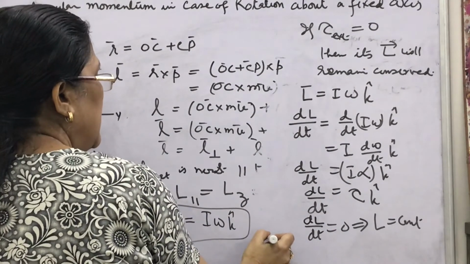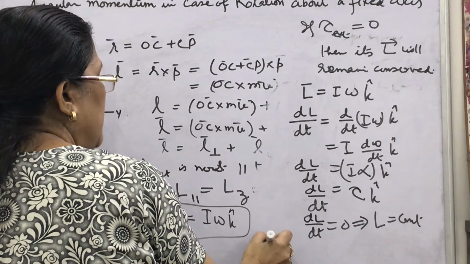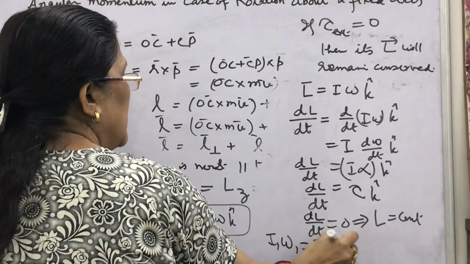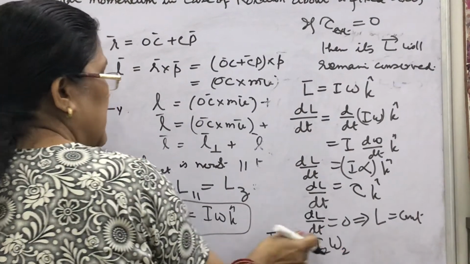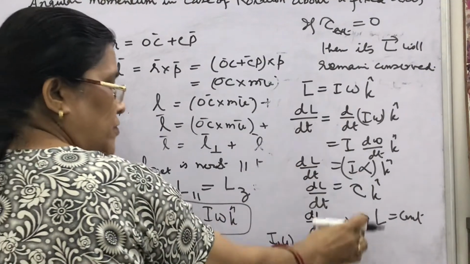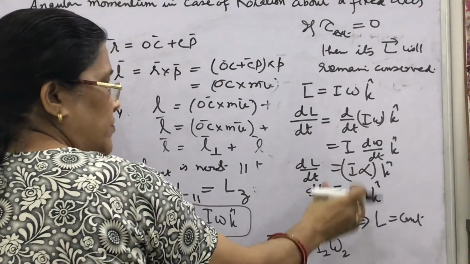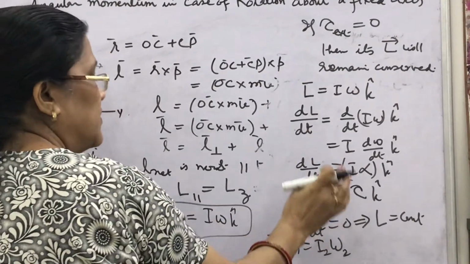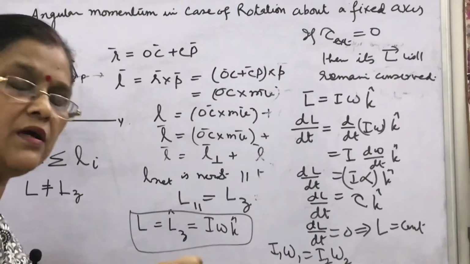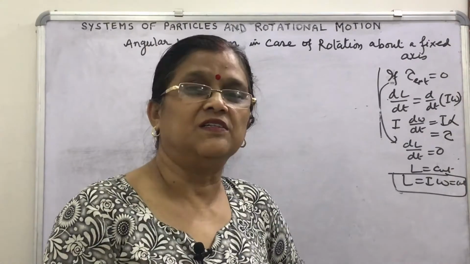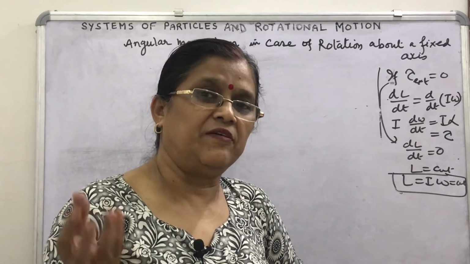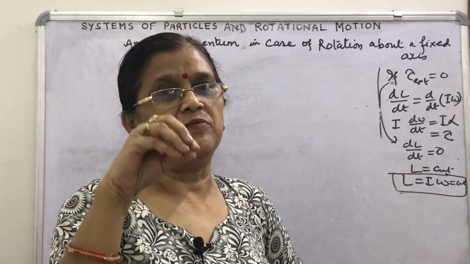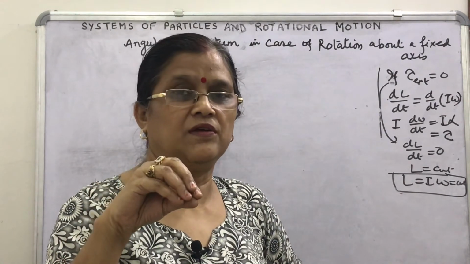We can write I1 omega1 equals I2 omega2, that is, initial angular momentum equals final angular momentum for a rigid body rotating about a fixed axis. If there is no external torque, its angular momentum will remain conserved.